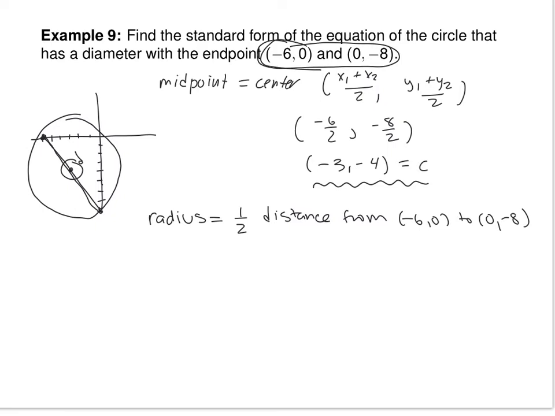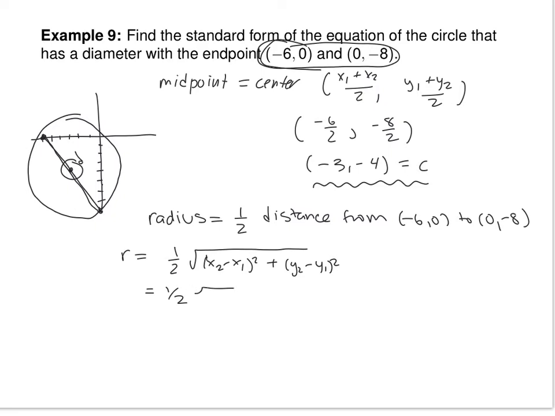Because these points both contain zeros, I think using them and halving it is easier. Does that make sense? But you're totally correct. So r will equal 1/2 square root of (x2 minus x1) squared plus (y2 minus y1) squared.